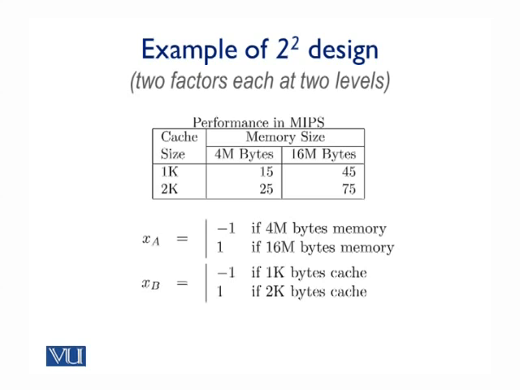So here we see that xA is equal to -1 if you have 4M bytes memory, +1 if you have 16M bytes memory. xB is -1 if you have 1 kilobyte cache, and it is +1 if you have 2 kilobytes cache. So this is the design.